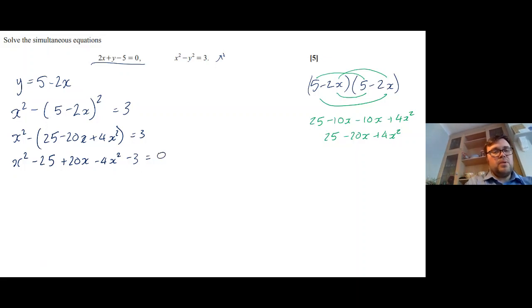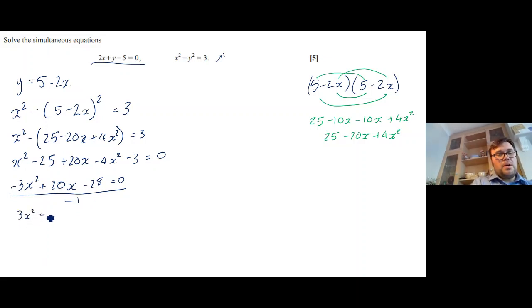Tidying that all up will give you minus 3x squared, the plus 20x stays, and minus 25 minus 3 is minus 28, and that's equal to 0. Again, you can factorize that, but I just divide by minus 1, or you take it over to the other side so that you get 3x squared minus 20x plus 28 equals 0.